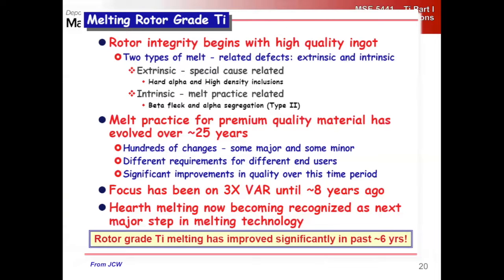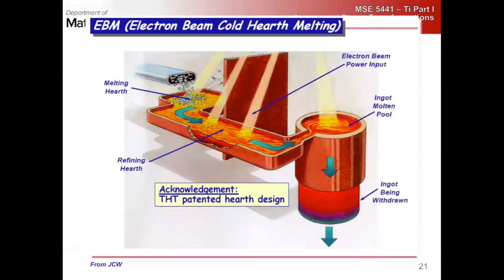We'll talk about the forging stuff after the midterm, right? But this electron beam hearth melting, they basically have fine chips coming through. You've got an electron beam that comes in and it flows through, and then you have an ingot that's withdrawn and solidification here.